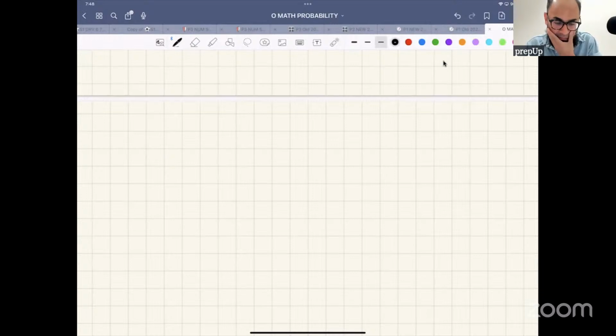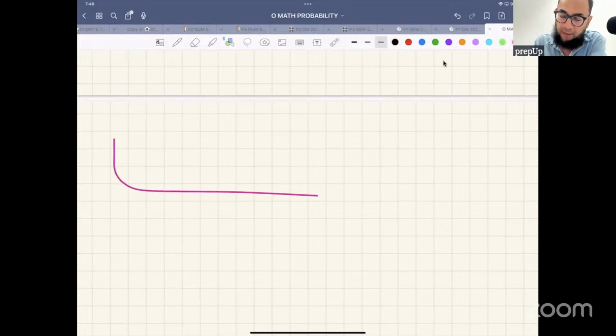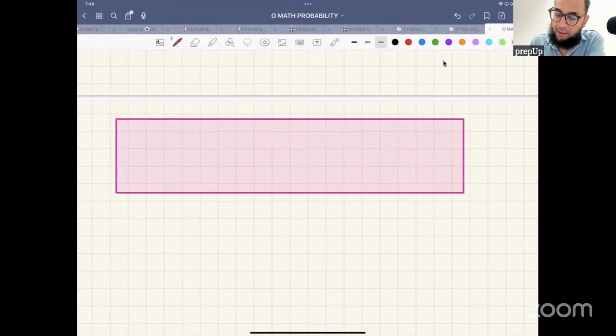Let me evolve it a bit further. And let me just draw up a question. And the question is, two fair six-sided dice are rolled.